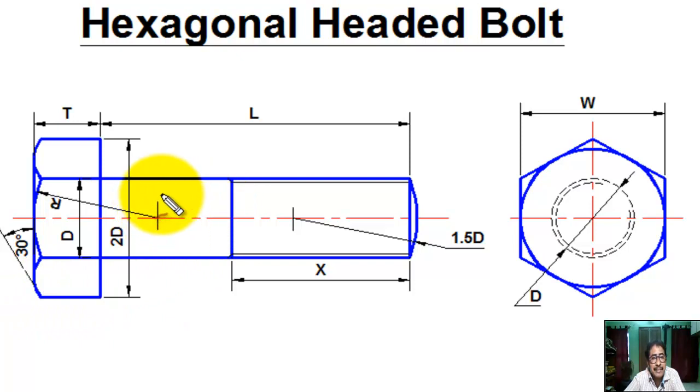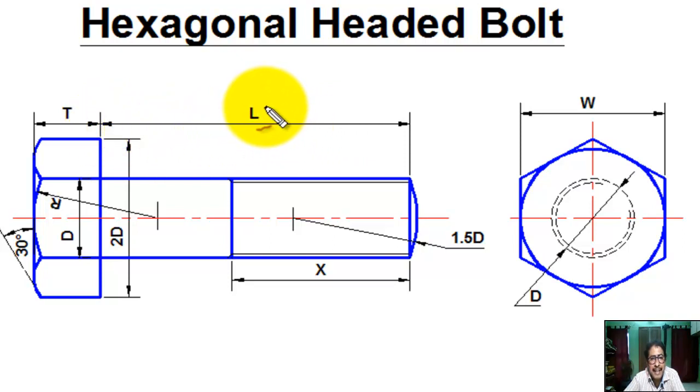This is the diameter of the bolt. This is D by 2, this is D by 2, this is 2D, so this is D by 2, this is D by 2. This is the length of the bolt L equal to 100 to 150 millimeter.